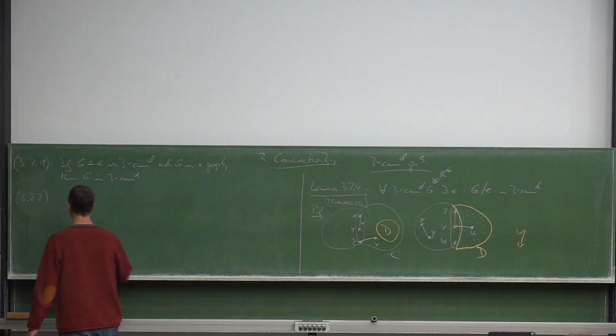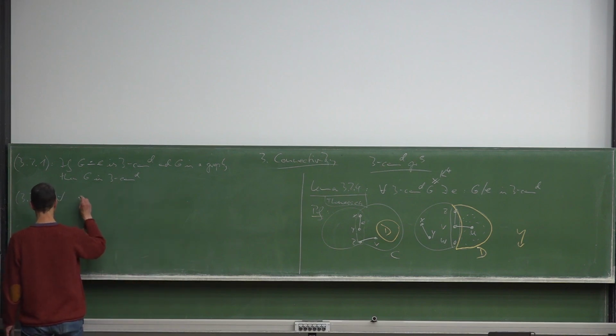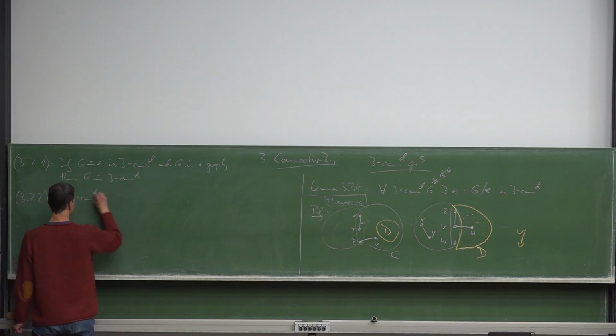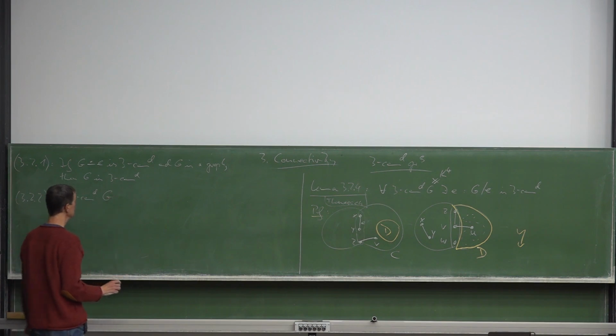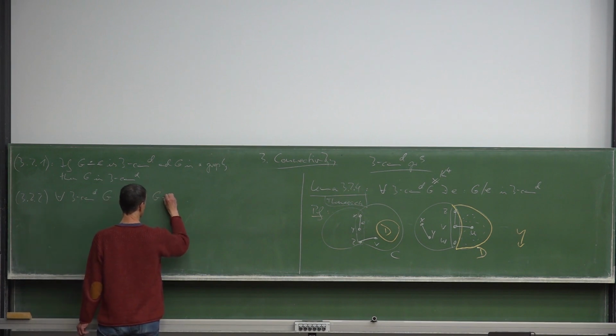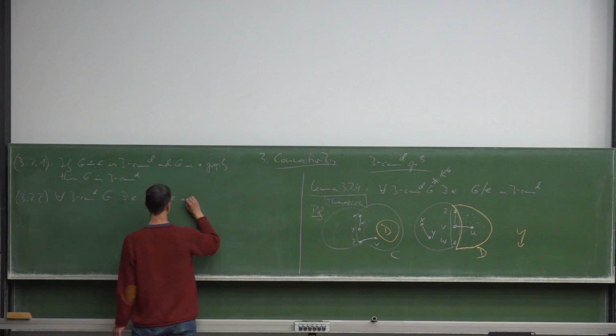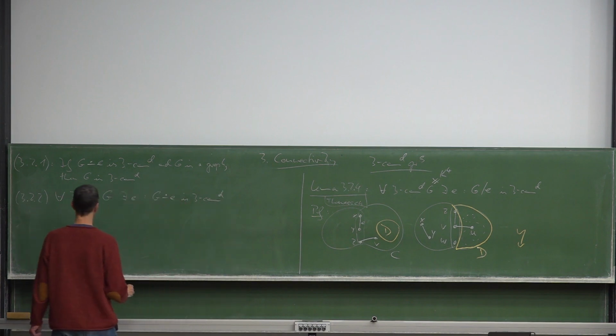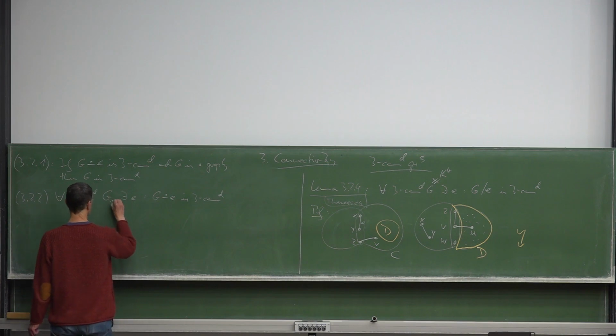And that is: for every 3-connected graph G, there exists an edge such that G minus dot E is again 3-connected, well, as long as G isn't K4.